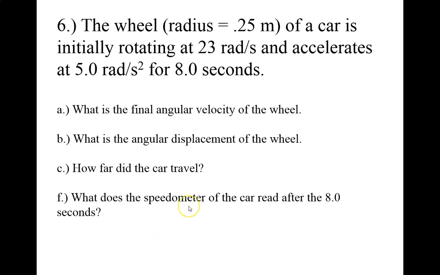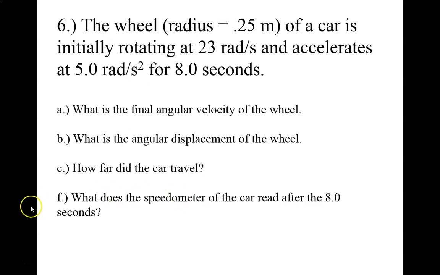The first part of the problem is, what is the final angular velocity of the wheel? What is the angular displacement of the wheel? And how far did the wheel travel? And in F, what does the speedometer in the car read after the 8 seconds?